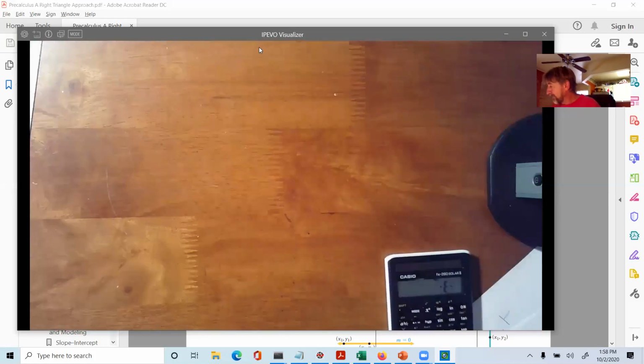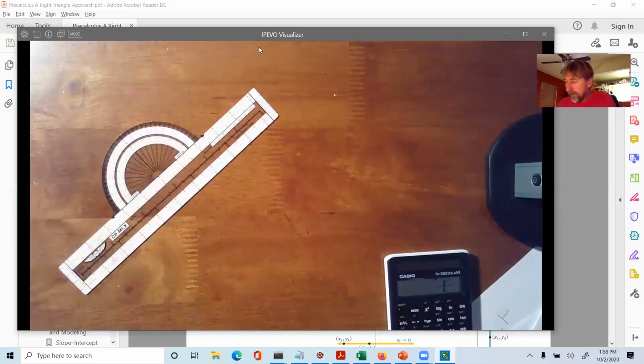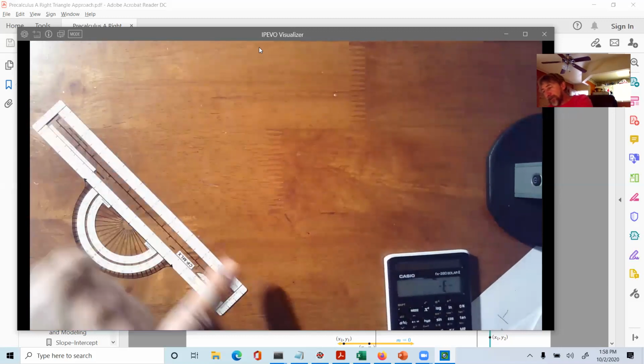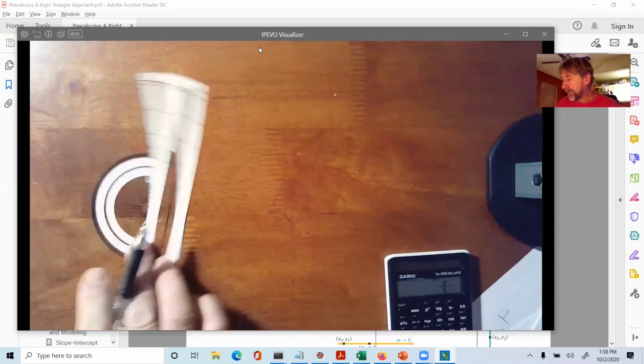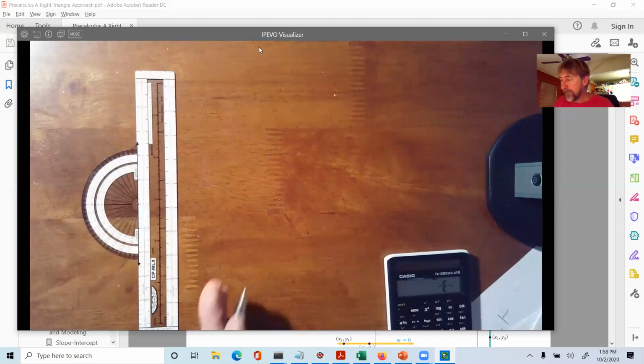Okay. And then there's two more, right? We've got a positive oriented slope, which is up and to the right. And then we've got a negative oriented slope, which is up and to the left. Up and to the right makes a positive slope. Straight up is an infinite slope.